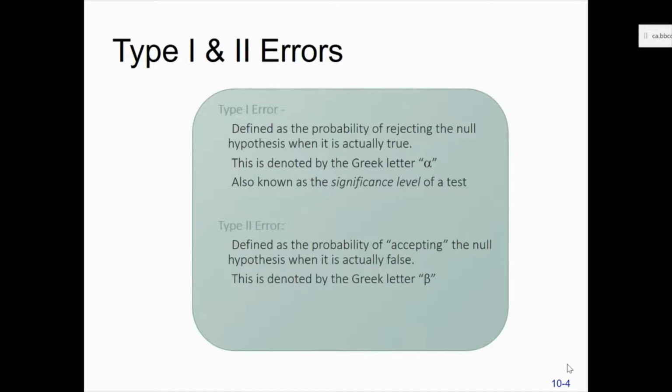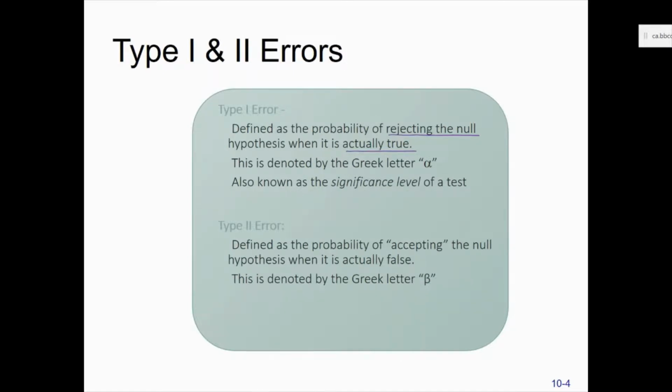So let's see the first one, type 1 error. Type 1 error is defined as the probability of rejecting the null hypothesis when it is actually true. So we reject the null when it is true. This is denoted by the Greek letter alpha and also known as the significance level, as we said. So we reject the null when it's actually true.